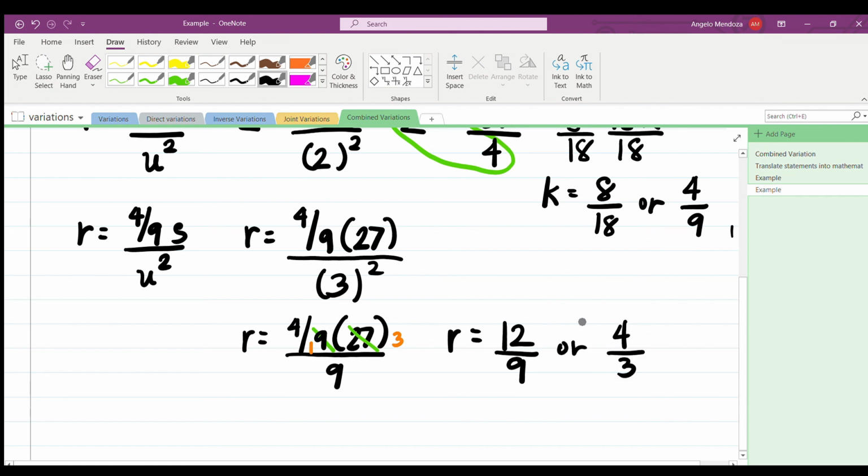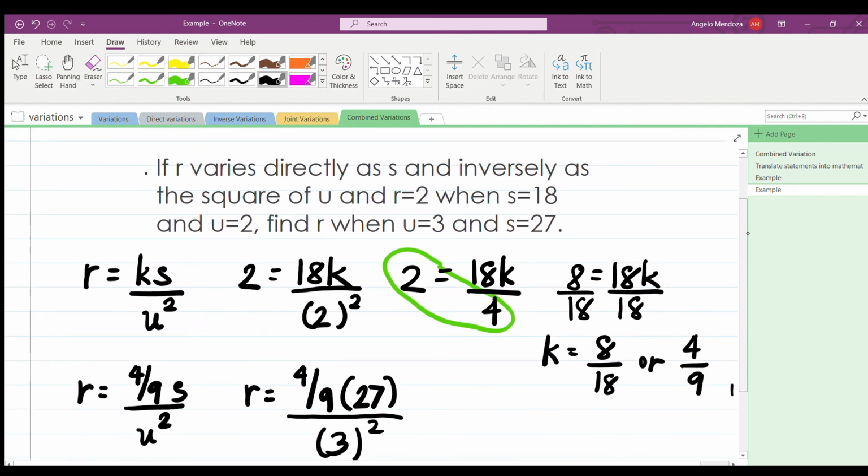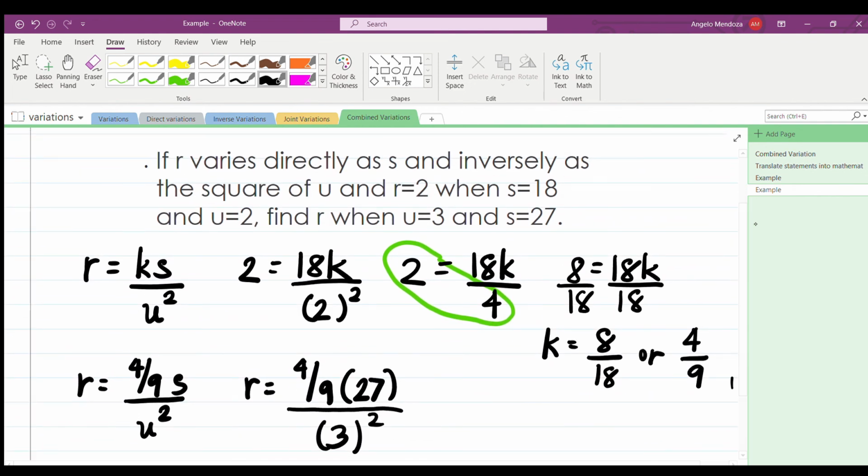So the value of R is 4 over 3. So that is how we use combined variation. It is a combination of direct and inverse. Same process: you translate the equation of variation, solve for the value of K, and then solve for the missing variable to obtain its variation.